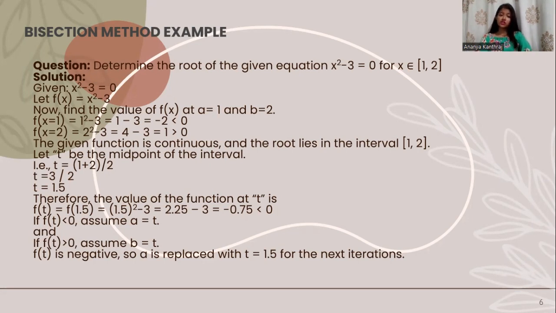As mentioned above, if f(t) is less than 0, assume a is equal to t. And if f(t) is greater than 0, assume b is equal to t. Now, f(t) is negative, so a is replaced with t, which is equal to 1.5, for the next iterations.